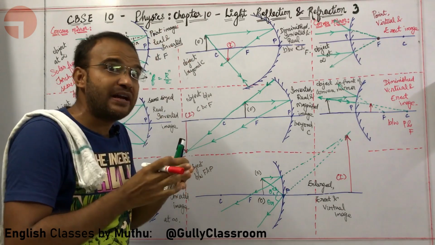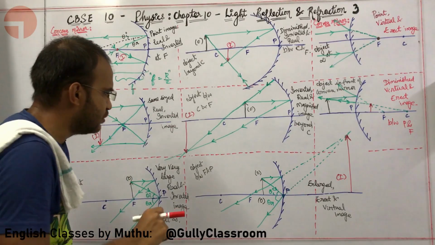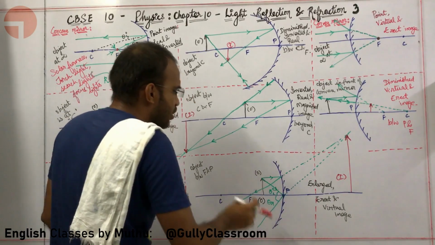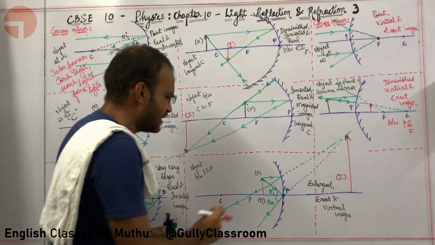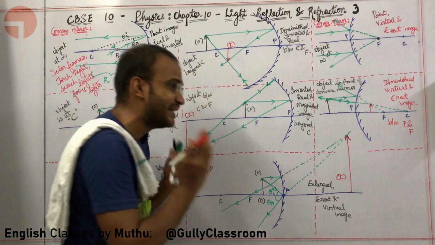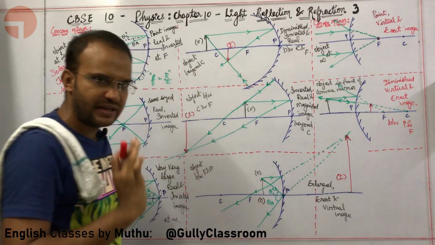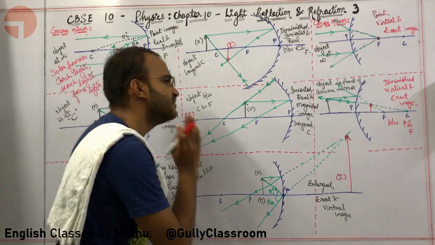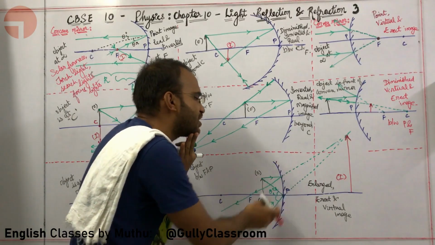So you need a comparatively larger mirror in order to shave. So they will use a concave mirror. What will they do, sir? They will place the face, the object, right in between F and P of the concave mirror.